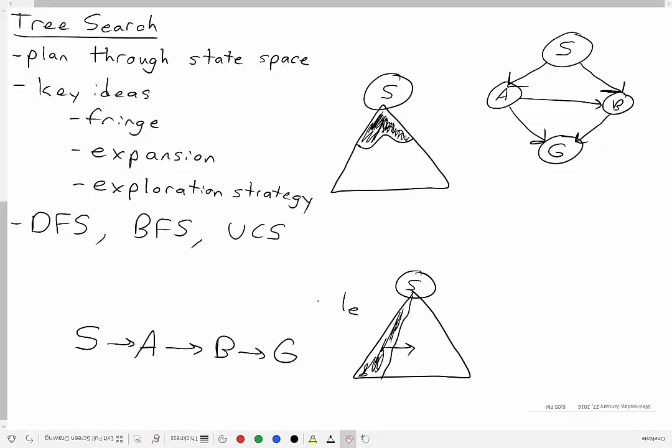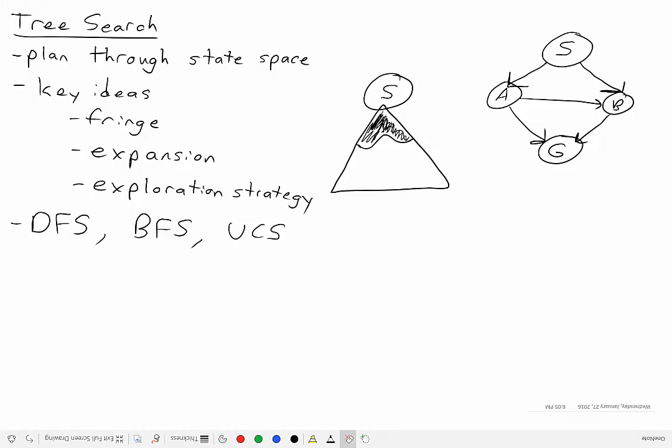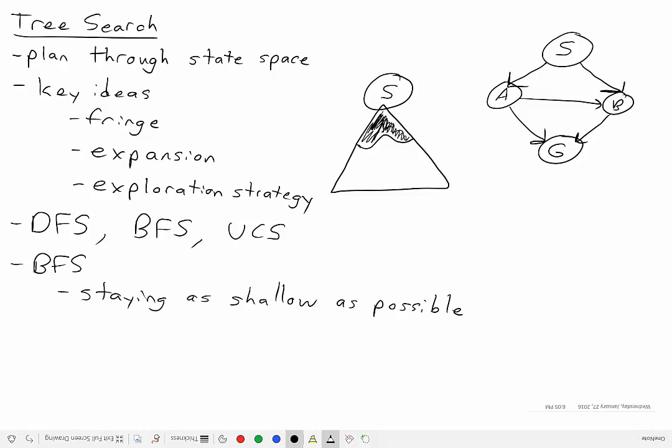Now we'll go into BFS. BFS, breadth first search, you can think of as staying as shallow as possible. So if I look above, in this example, I'll start in state S, and then I'll look at the next level.